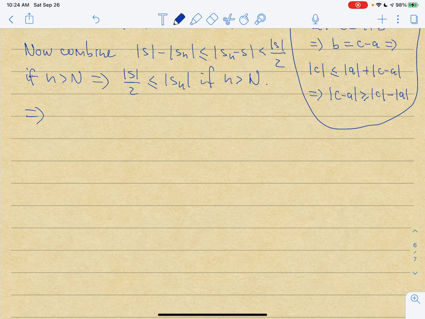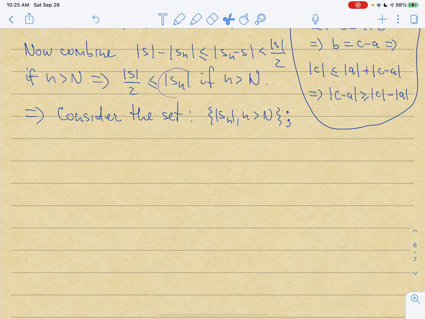If absolute value of Sn is bigger than absolute value of S over 2 when n is bigger than capital N, so if I consider the set of absolute values of Sn, n greater than capital N, then for that set, what I know is that every term of this set is bigger than absolute value of S over 2.